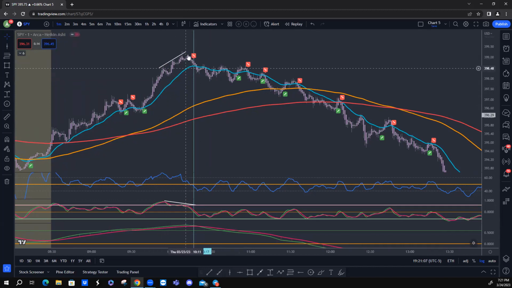I've got the divergence pattern, I've got the TSI pointing downwards, and the blue band, the UO, is underneath the orange line. This is right almost at the crossover here, pointing down, but then you can just kind of follow the direction of this as well.